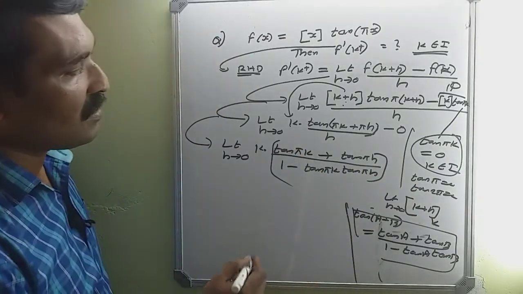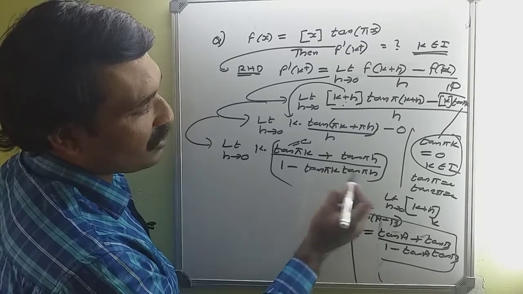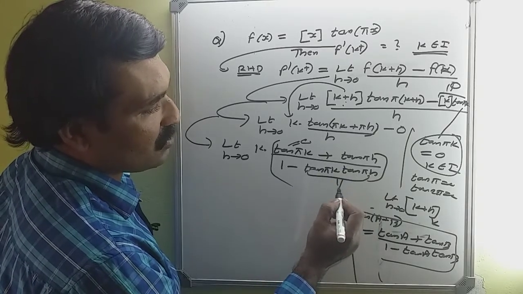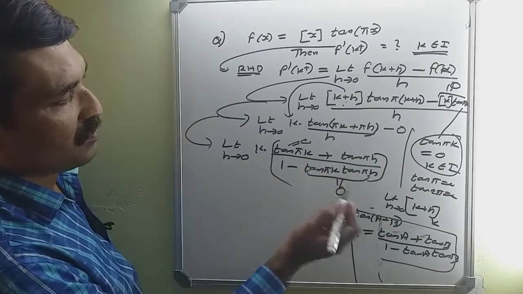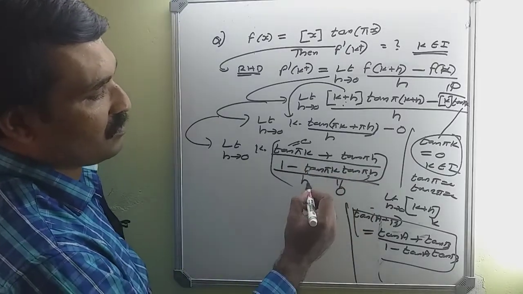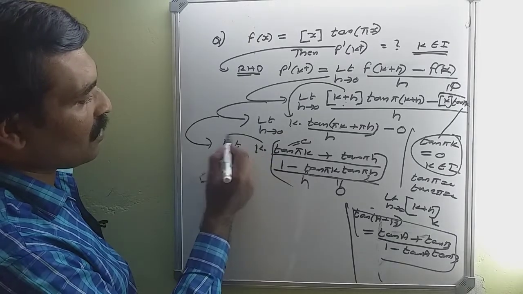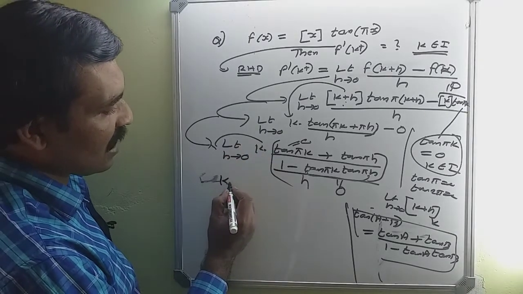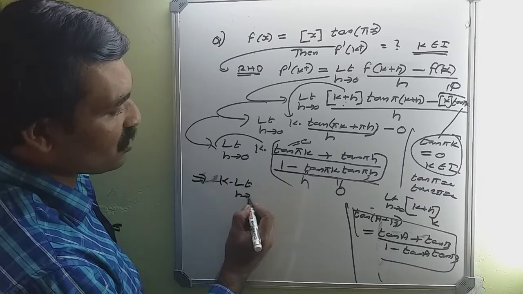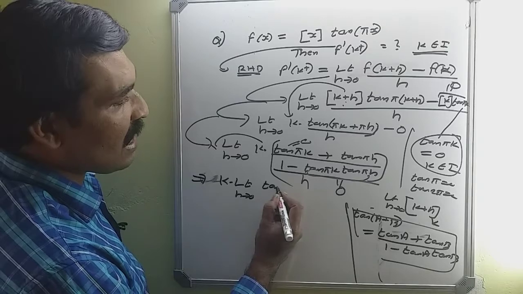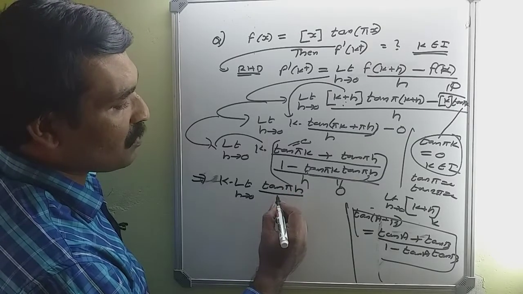Again, the value of tan pi k is equal to 0, so the product tan pi k into tan pi h is equal to 0. The remaining term is k and tan pi h, this whole divided by h. So I am taking k outside of the limit: k into limit h tends to 0 tan pi h divided by h.